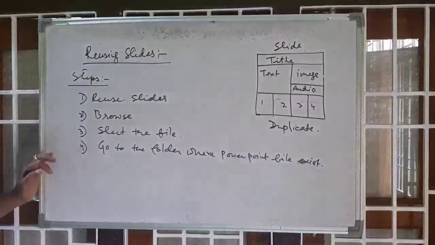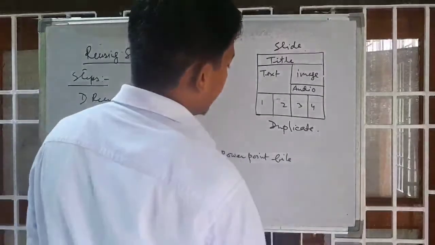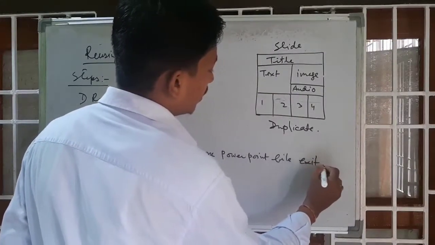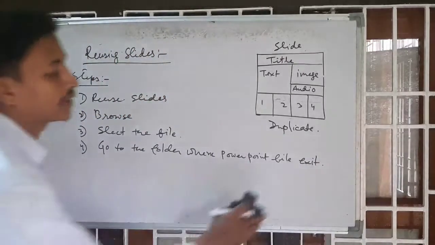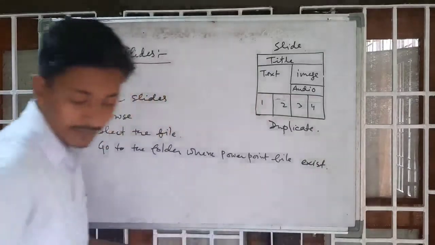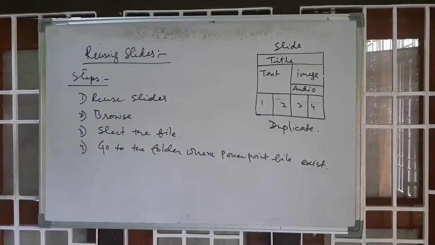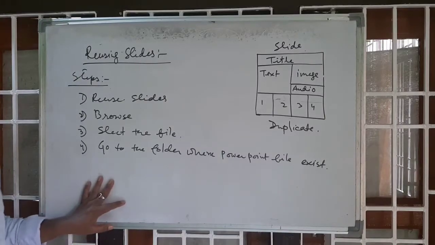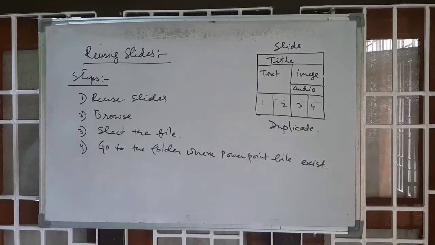Okay, now in this way you can easily reuse a slide in your presentation. We have already discussed these things. Again I want to show you, these are the reuse options.